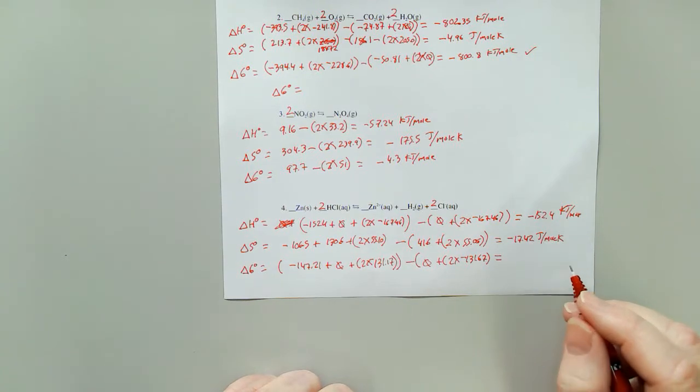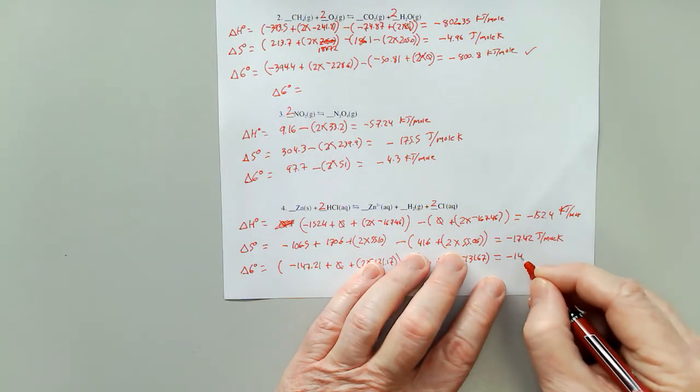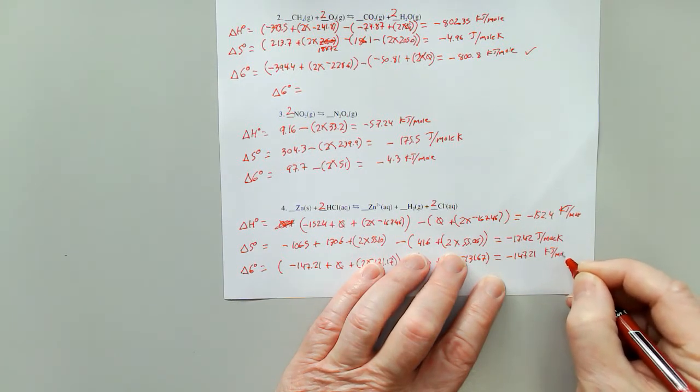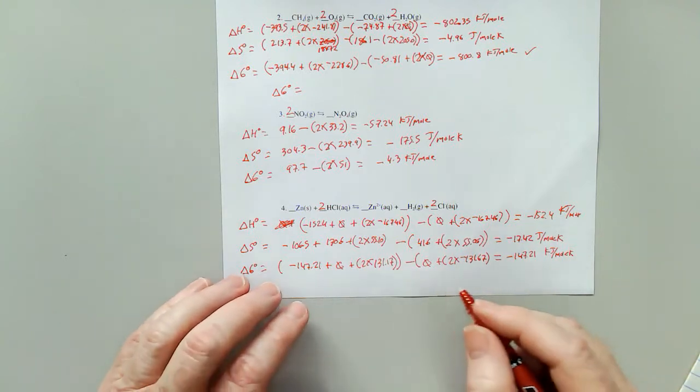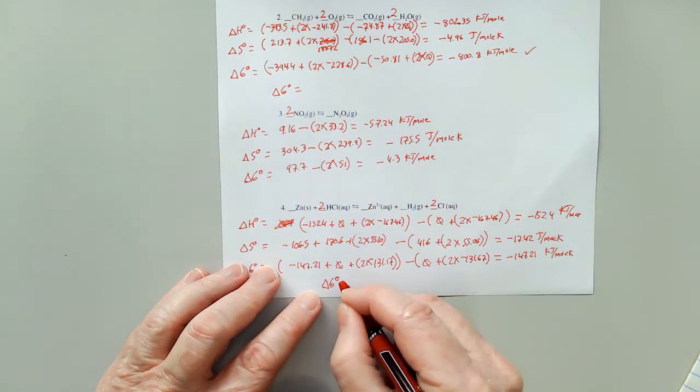And when I ran that through my calculator, I got negative 147.21 kilojoules per mole. So now let's check my delta G naught.